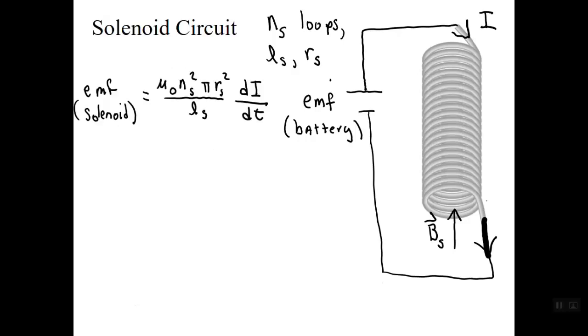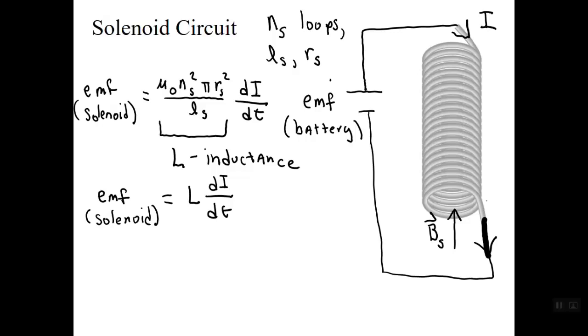Now let's just rewrite that expression for the EMF of the solenoid here. The group of constants in front of the derivative of I with respect to time is called the inductance of the solenoid. The inductance is usually given the symbol capital L. So here's the EMF of the solenoid written more compactly.